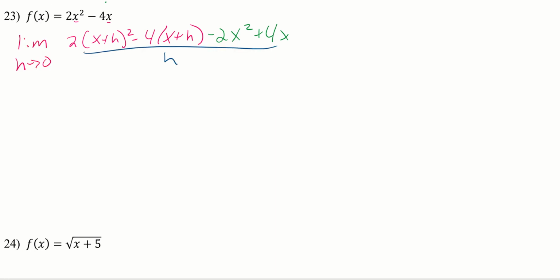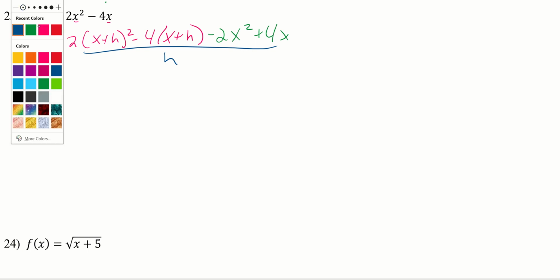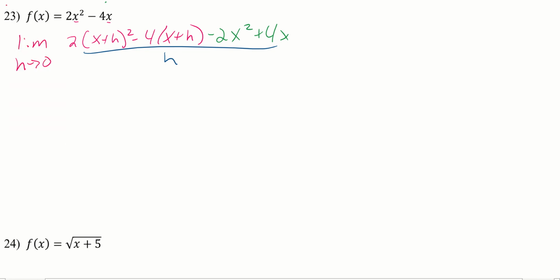And then from here, what you're going to do is just go through and clean everything up and cancel. Again, you could probably take a wild guess that these two in green are going to cancel with somebody. So if I make another mistake, we can check that. I'm going to FOIL and distribute in the 2. So I should get x squared, right, from those first x times x, so I have 2x squared, and then I should have 2hx.